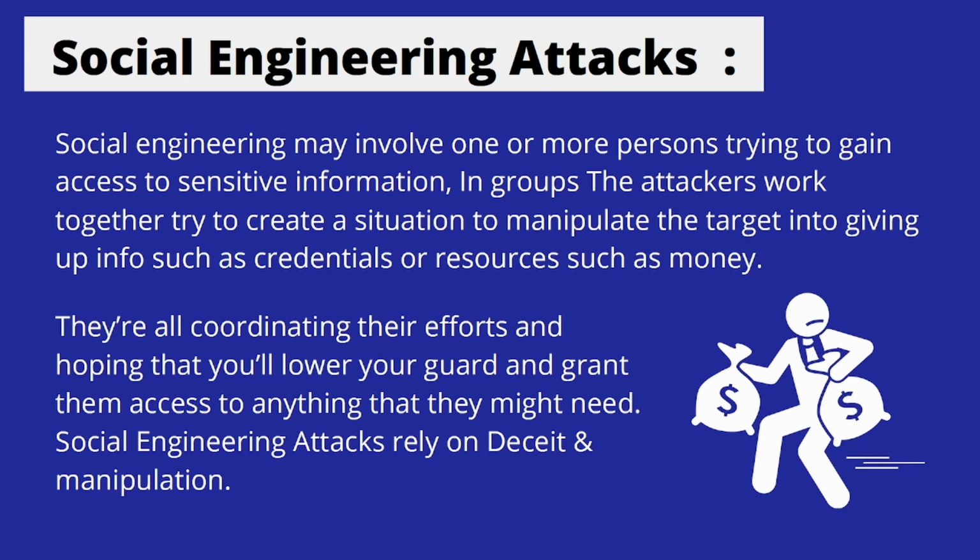In groups, the attackers work together to create a situation to manipulate the target into giving up info, such as credentials, or resources, such as money. The group of attackers are all coordinating their efforts and hoping that you'll lower your guard and grant these attackers access to anything that they might need.